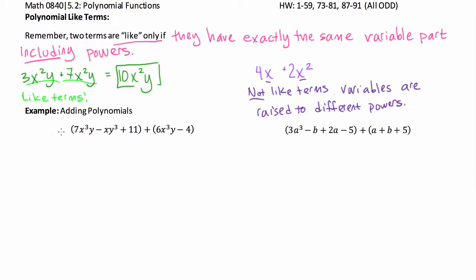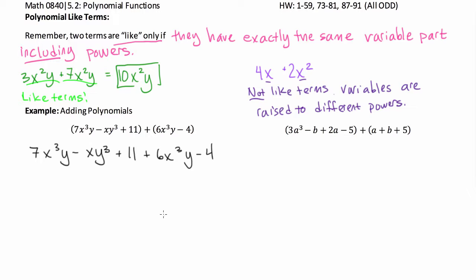Okay, so here's a couple examples, adding like terms. So here, these things are just being added. These are two polynomials. I'm adding them together. So because addition is the only thing that's happening, I can just drop those parentheses. Because really all I'd be doing is distributing a positive 1, which doesn't change anything.